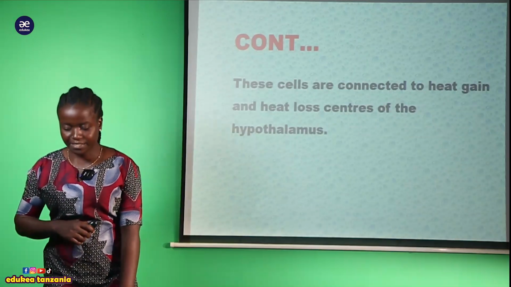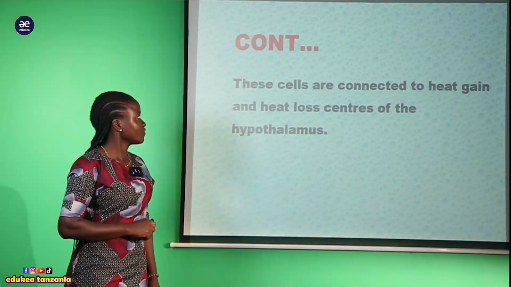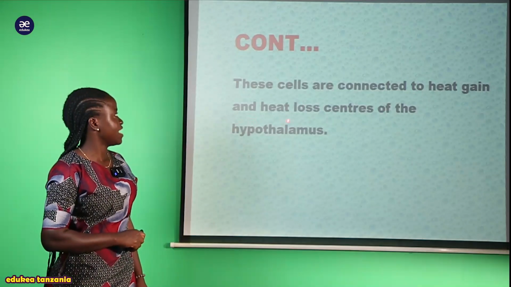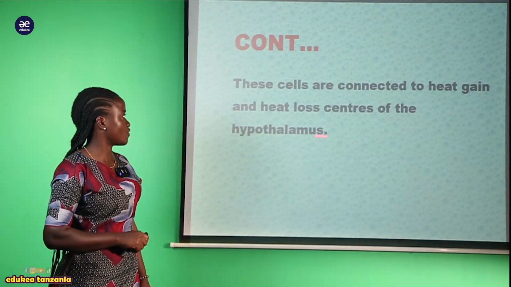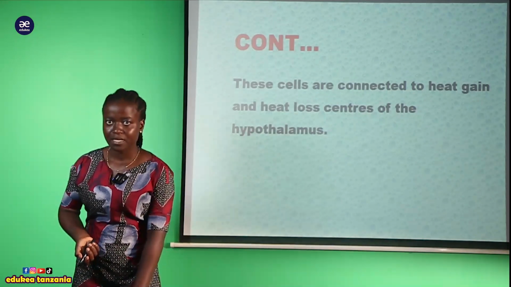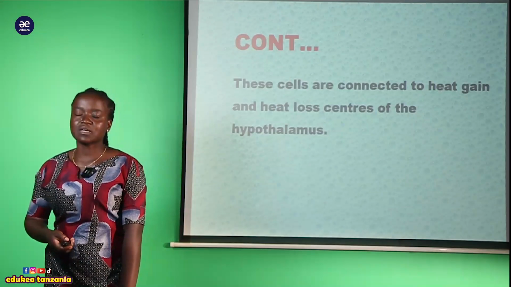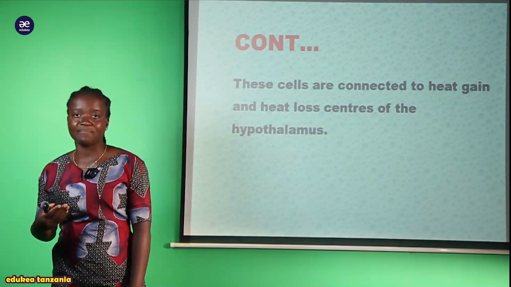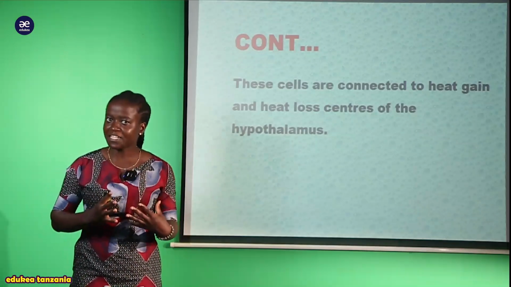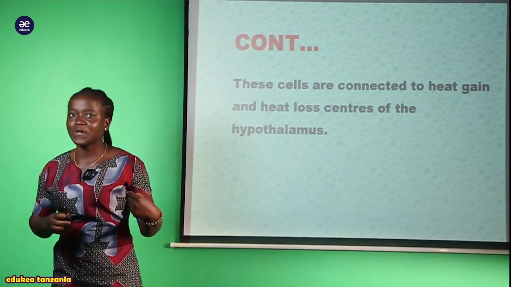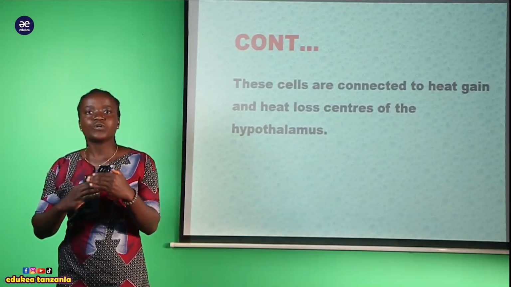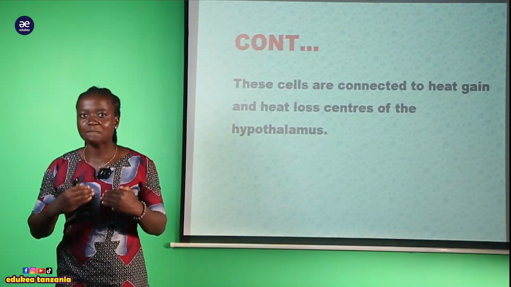We can also say these cells are connected to heat gain and heat loss centers of the hypothalamus. So within your body we have a large organ called the hypothalamus. The hypothalamus is responsible for regulating the amount of temperature within your body.